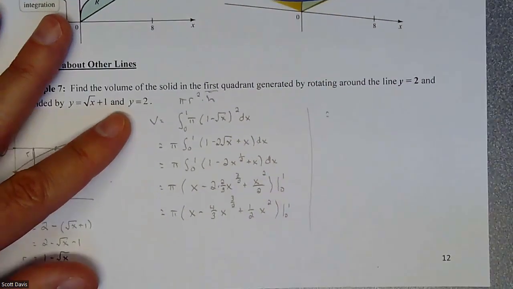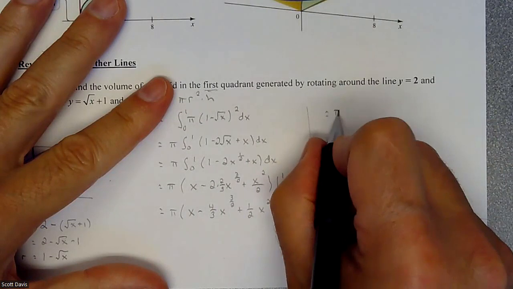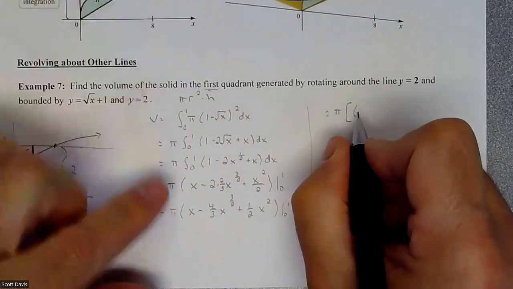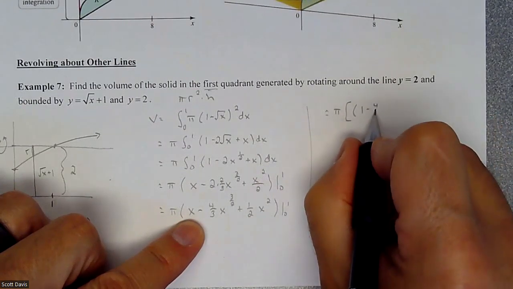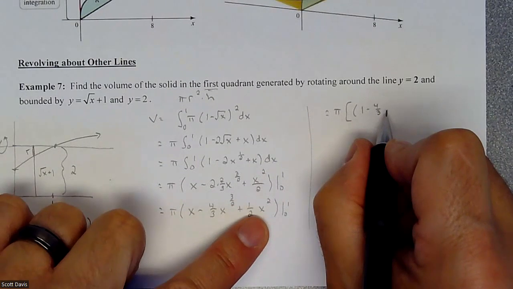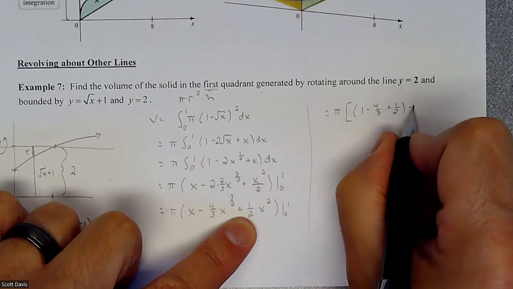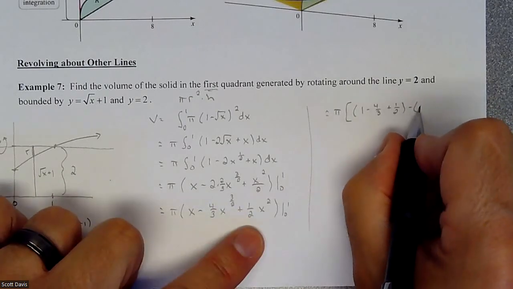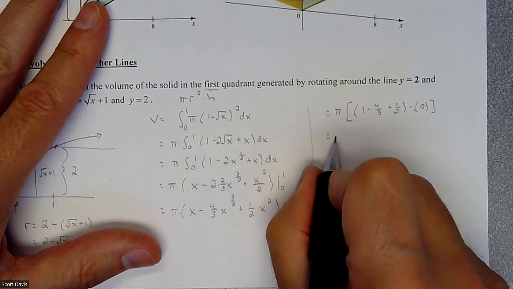Okay, let's plug in our 1, plug in our 0, and let's find the volume. So we'll have pi. If we plug in 1, we'd have a 1 minus 4/3 times a 1, so just minus 4/3. That's just going to be a 1, so plus 1/2. And then when you plug in 0, all of that goes away. And so we just got to put this all together.